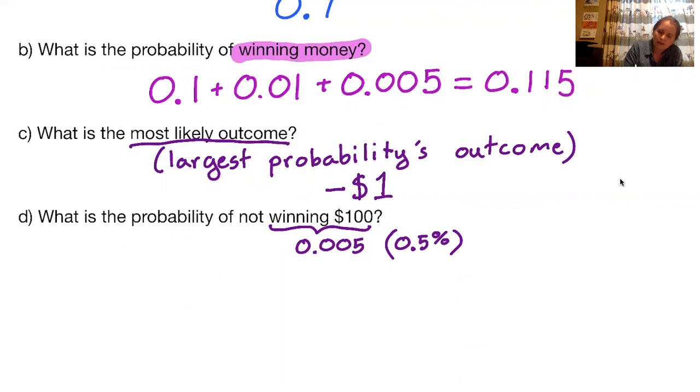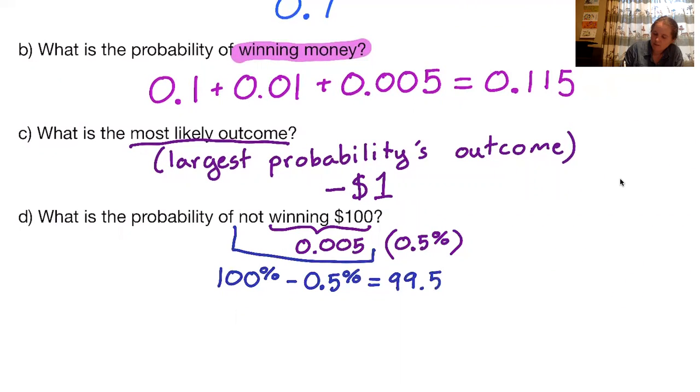So, in terms of percent, 100% minus 0.5%, or 99.5%. In terms of probability, we could do 1 minus 0.005, and we get 0.995.